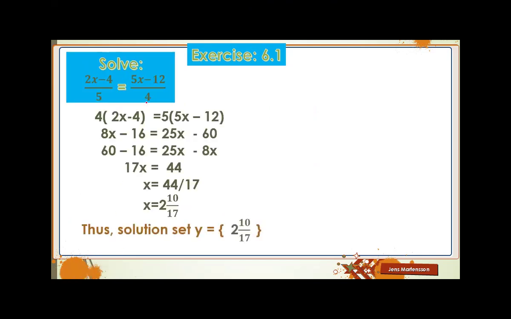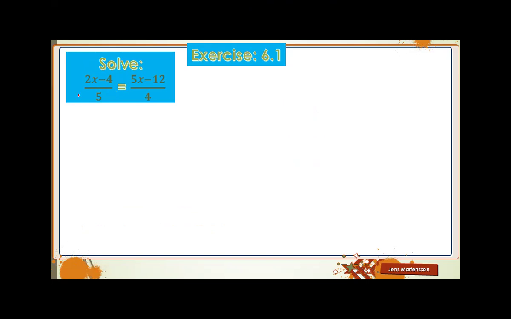Next. Now, here the question is (2x minus 4) over 5 equals (5x minus 12) over 4. In this question, this 5 is dividing on the left hand side. When it moves to the right hand side, it will be multiplied with this expression, right? If 4 is dividing over here, when it moves to the left hand side, it becomes 4 into 2x minus 4.